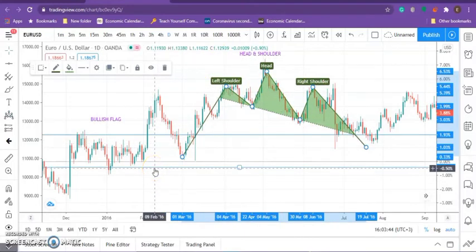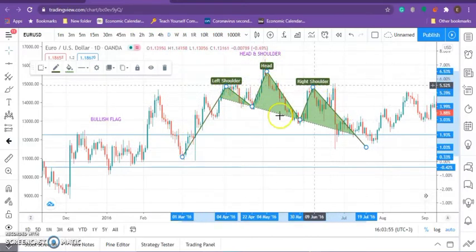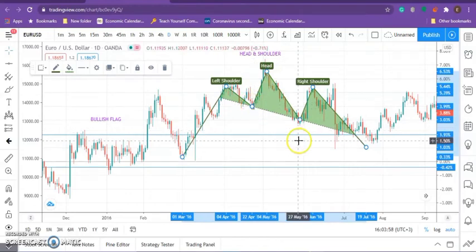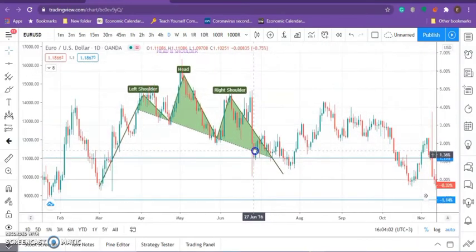This is another pattern which is very good if you have the patience to wait and really spot it. Remember, I'm using the daily charts. So something like this. This is a head and shoulder, not an inverted. We are going to also look at an inverted head and shoulder.